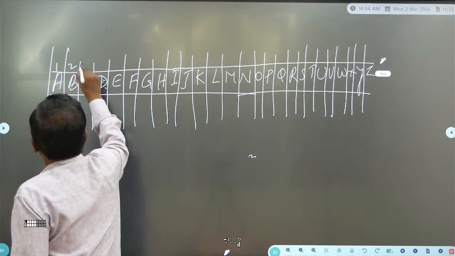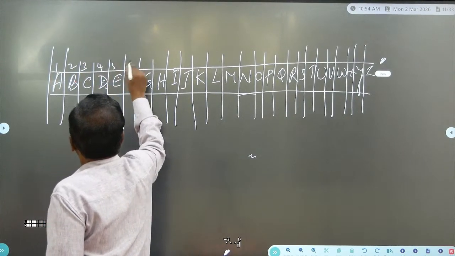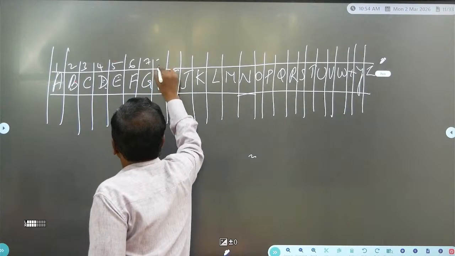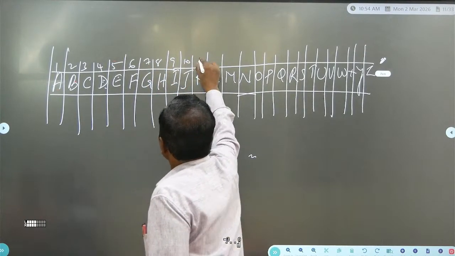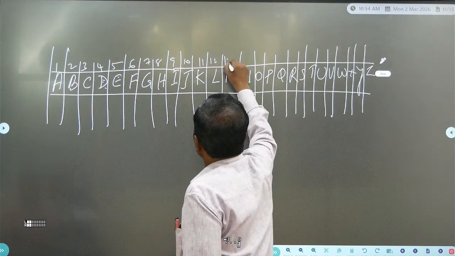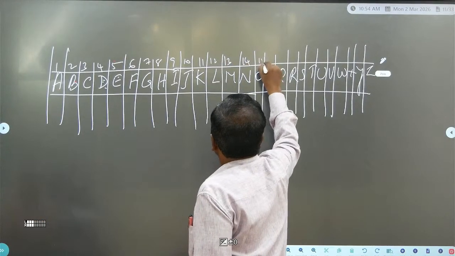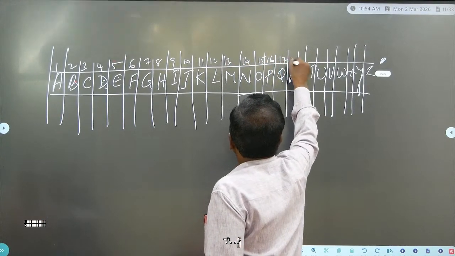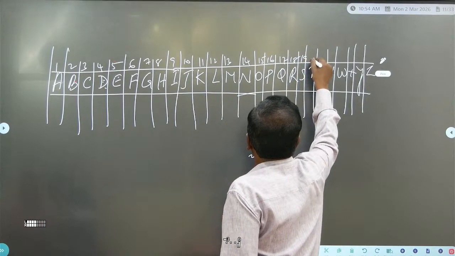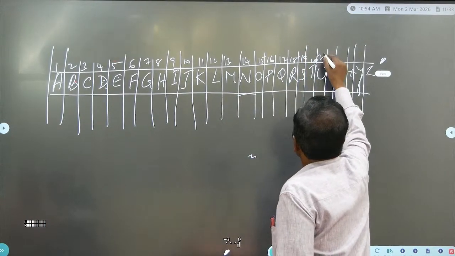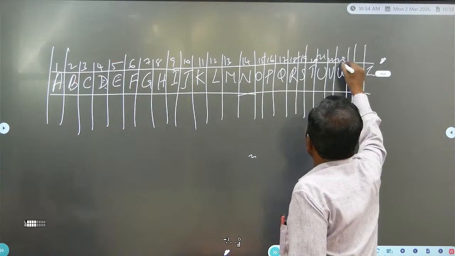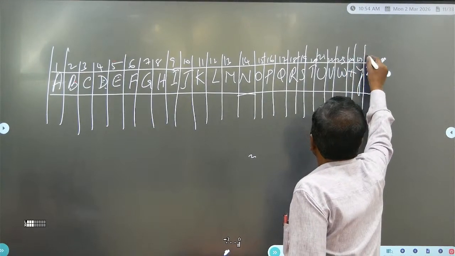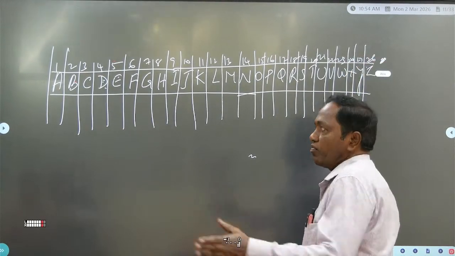Give numbers 1, 2, 3, up to 26. This is the forward order.